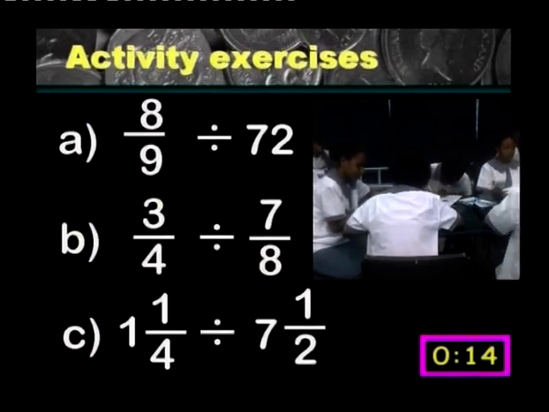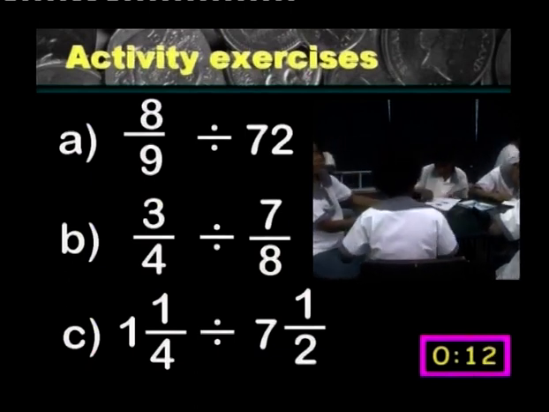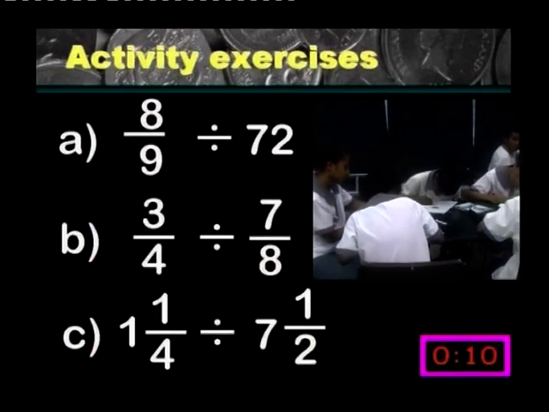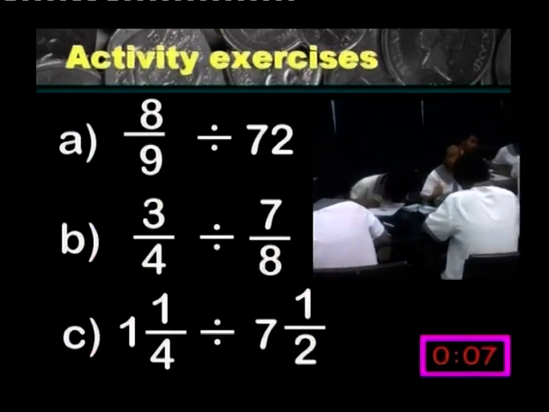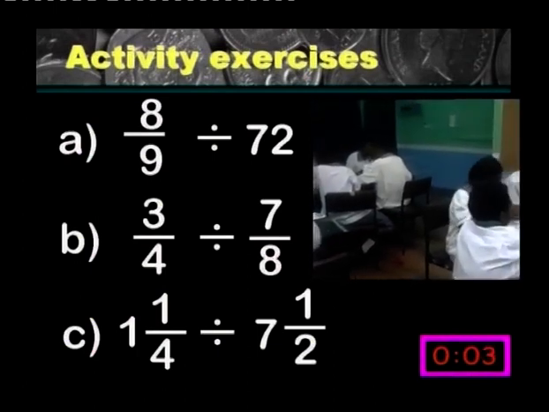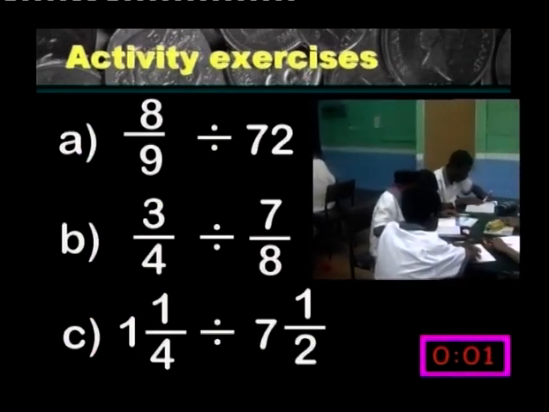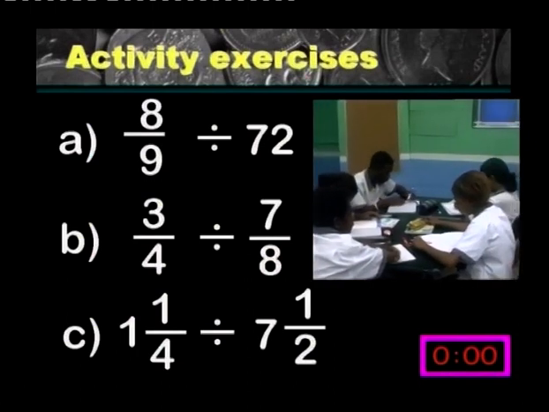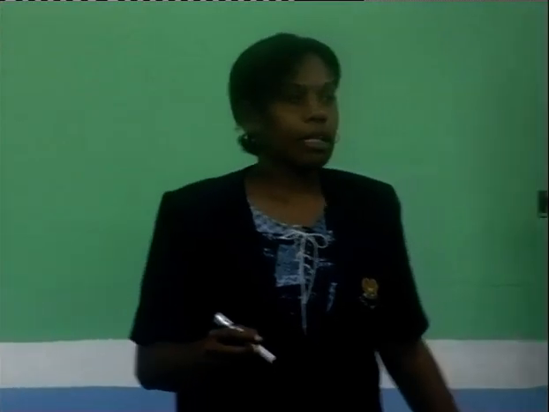Okay, we'll just correct the first one. The first problem, 8 over 9 divided by 72, receiving students. If you haven't finished, you can complete that for your homework. Okay, Diana, have you finished? Please come up.